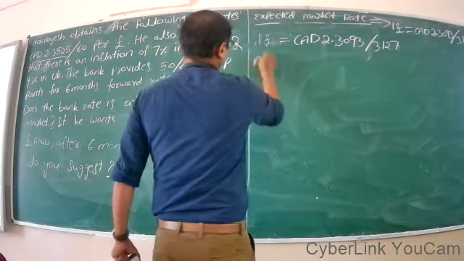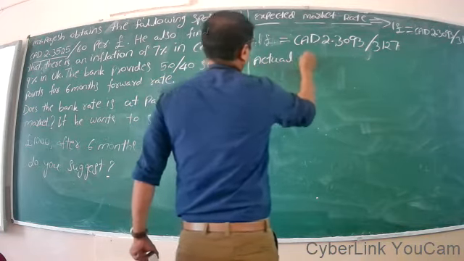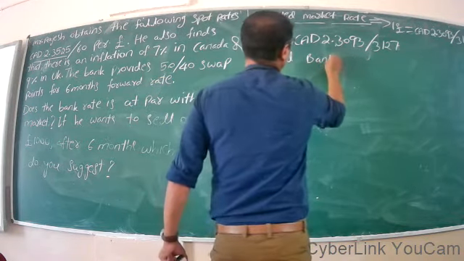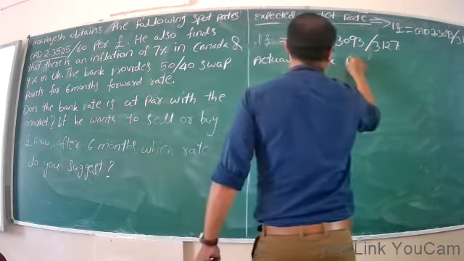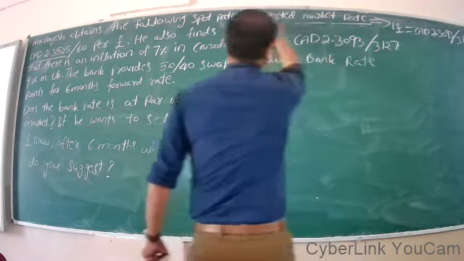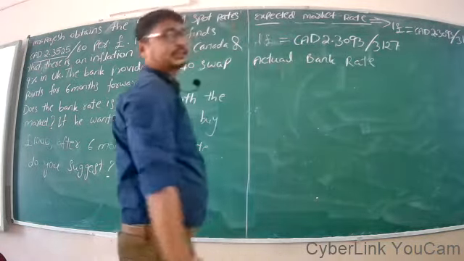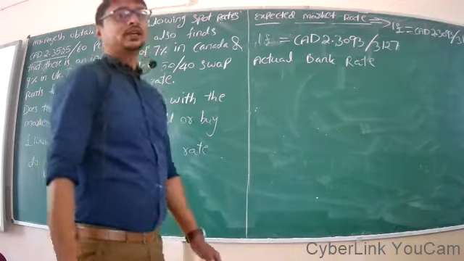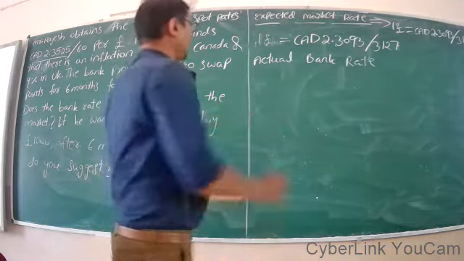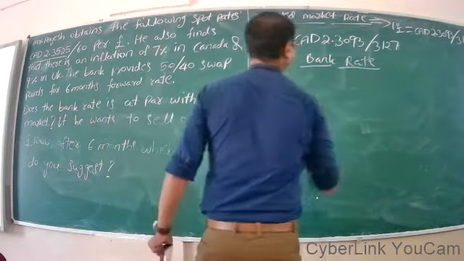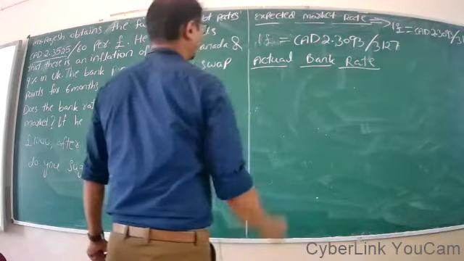Now the actual bank rate we need to calculate. This is the expected market rate if we consider inflation in both Canada as well as the UK. Now the bank provides certain information related to the 6 months forward rate.